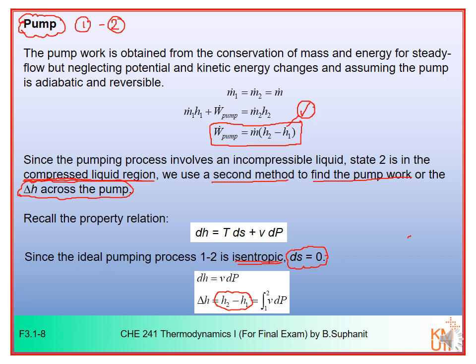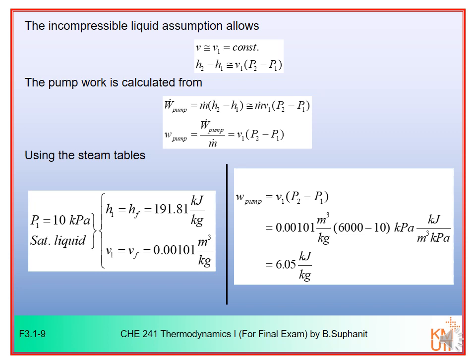Now, normally the specific volume here would change if your working fluid is gas. But in our case, it's the pumping of a fluid which is incompressible. Liquid is an incompressible fluid, so the specific volume will not change that much. We can assume that the specific volume is constant at the inlet point value.